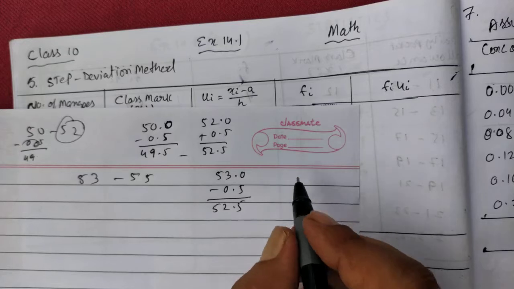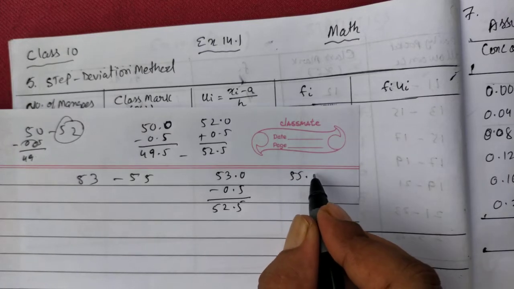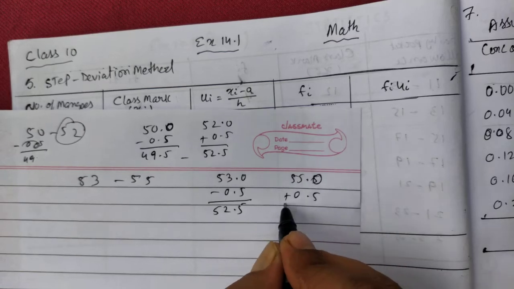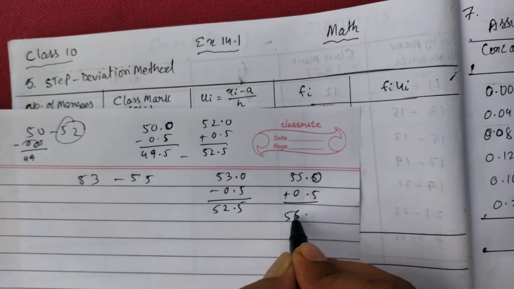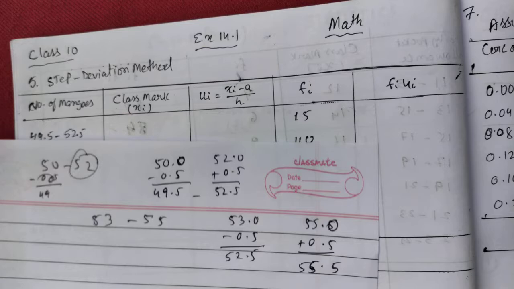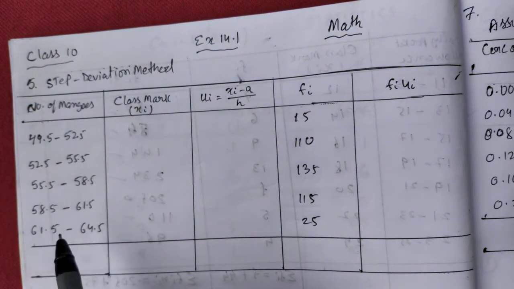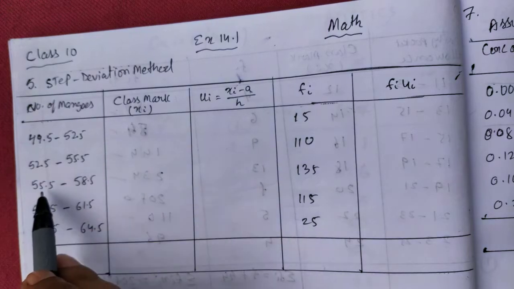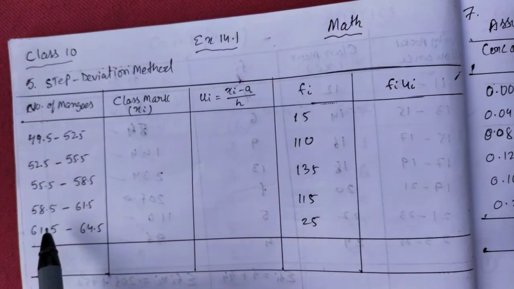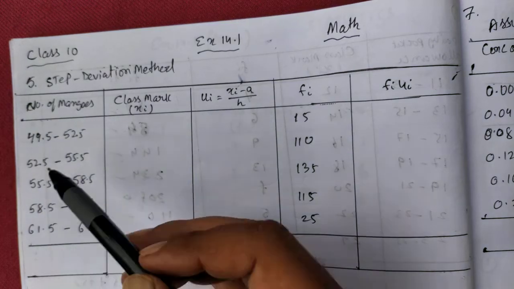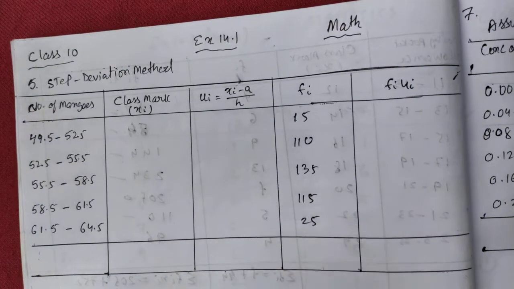On the upper limit, add 0.5 and you get 55.5. So the second is 52.5 to 55.5, and in that way you make the class intervals, and it becomes continuous. We subtract 0.5 on the lower limit and add 0.5 on the upper limit.